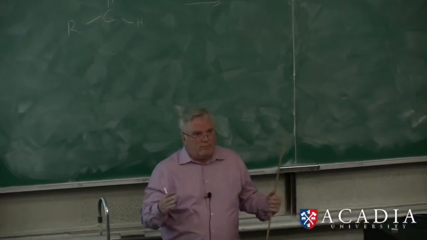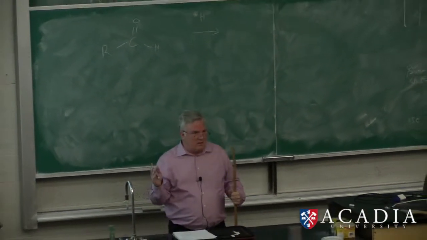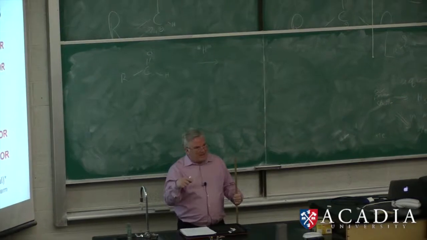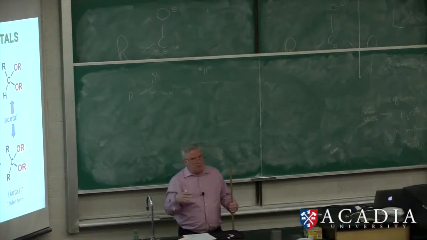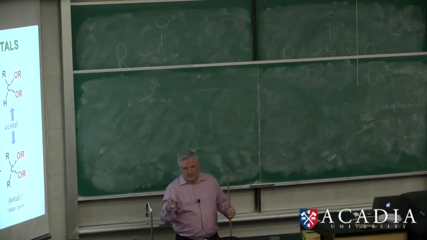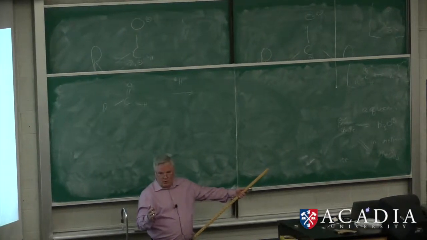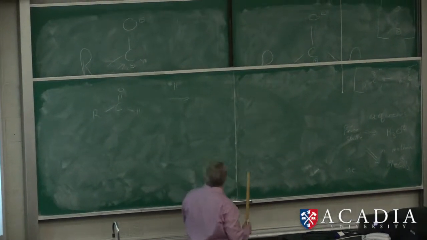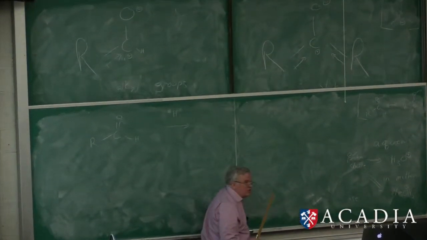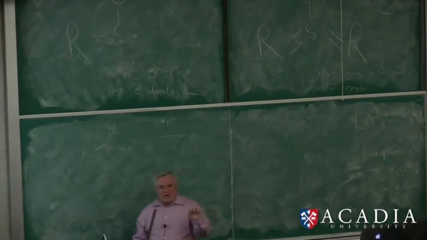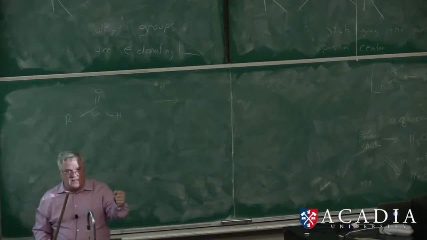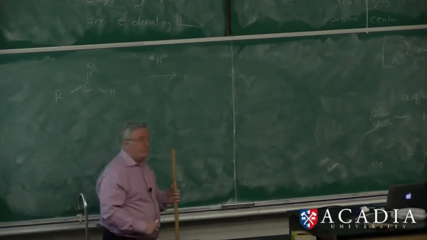If we do this reaction in methanol, and we add a little bit of acid catalyst, our proton shuttle is going to be the MeOH2 plus. But we're not really going to worry about it because we're just going to call it H+. What I'm trying to get across is, remember, something is shuttling that H+ around.